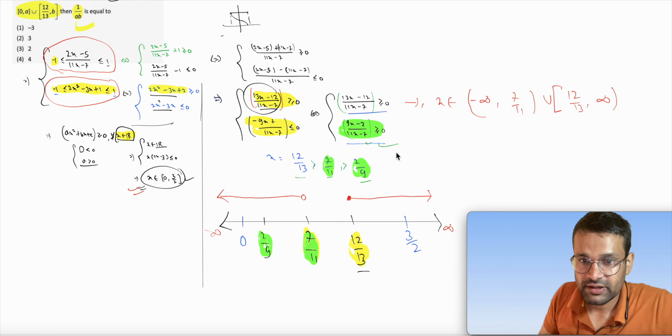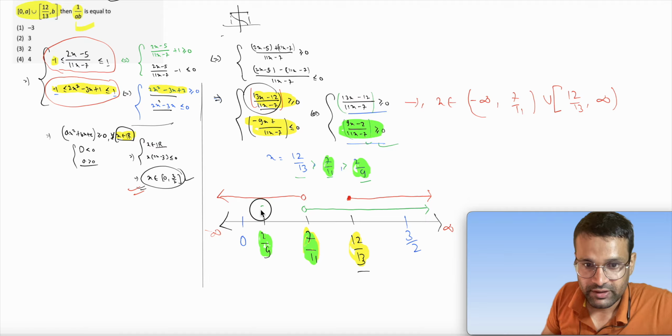Okay, you put this green greater than value 7 by 11, then you take a 1 which is positive, so 7 by 9 is an open interval and you get this, and 2 by 9 from here.